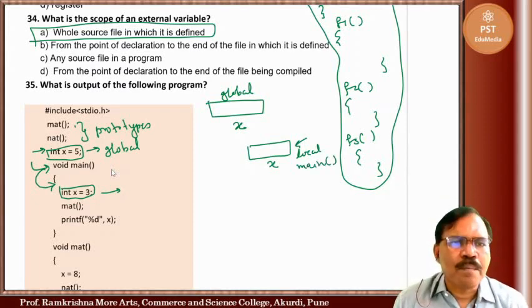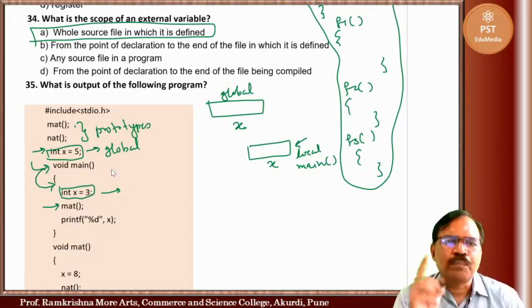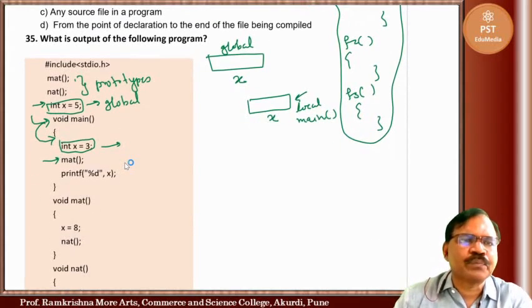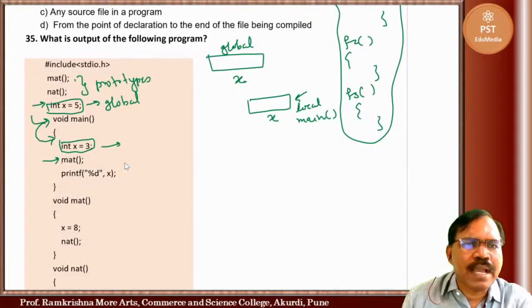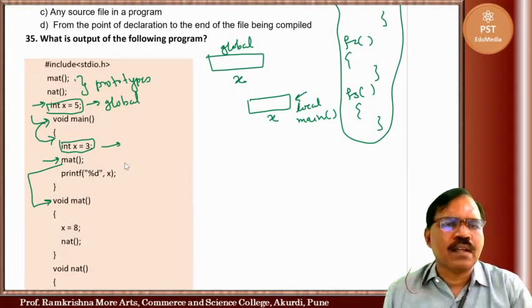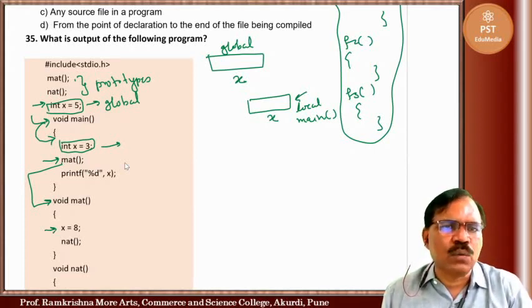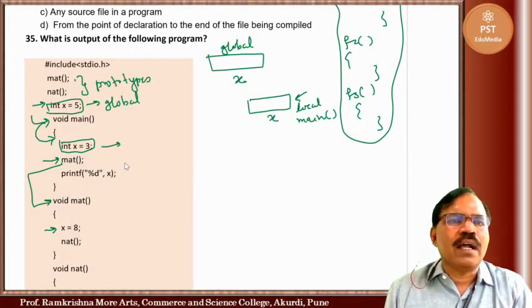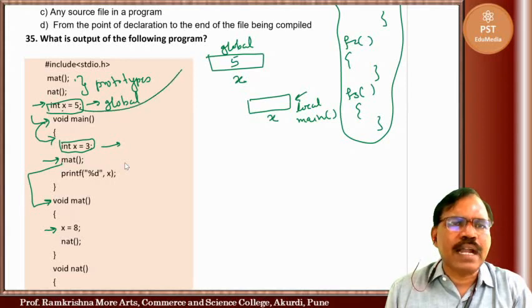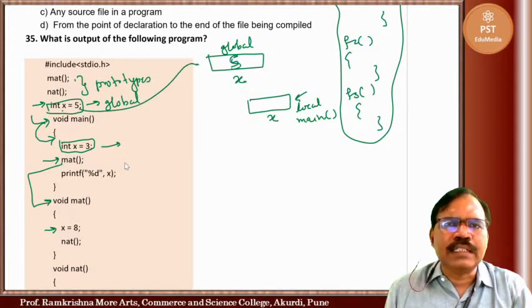Now function mat is called, so it will go to function mat. In the curly braces, x equal to 8. There was 5 at this place, and it is replaced by 8.